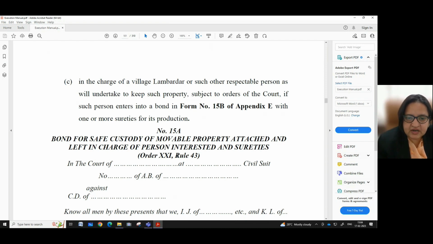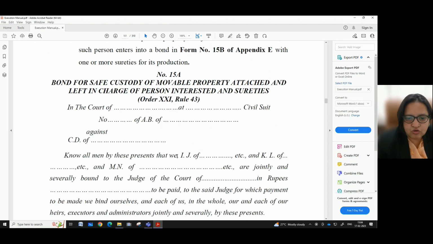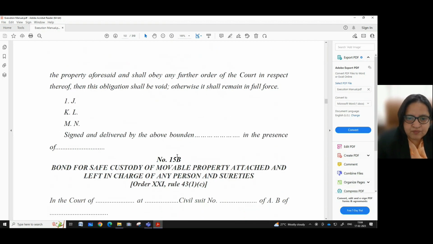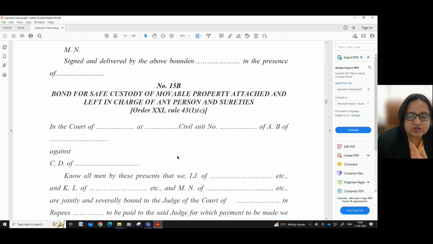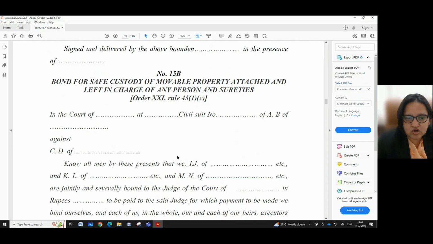We have also provided the staff in this manual pro forma number 15A, which is the bond for safe custody of movable property attached and left in charge of person interested and sureties under Order 21, Rule 43, and also form number 15B, which is the bond for safe custody of movable property attached and left in charge of any person and sureties under Order 21, Rule 43, Subrule 1, Clause C.